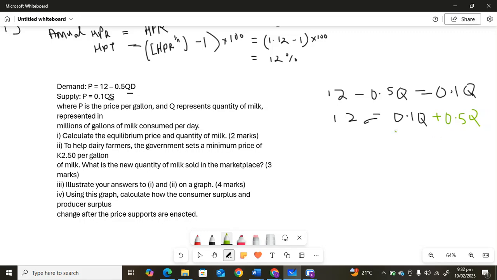So 0.1 plus 0.5, 0.6 Q. We divide both sides by 0.6. 12 divided by 0.6, what do we get?